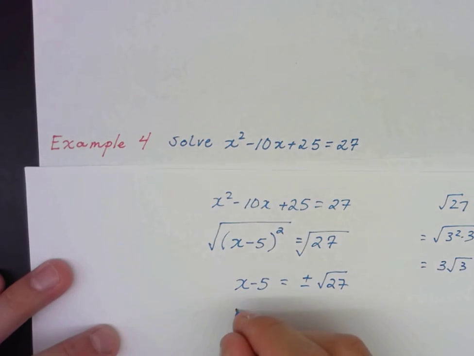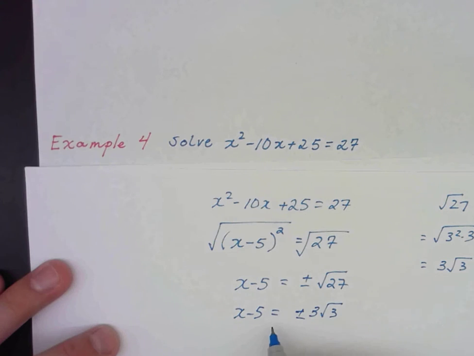So we have x minus 5 equals plus or minus 3 root 3. And let's bring the 5 over by adding it to both sides. Now this you can't simplify really, so we're just going to have x equals 5 plus or minus 3 root 3, and we're going to leave it. We're not going to put it into decimal form, anything like that.